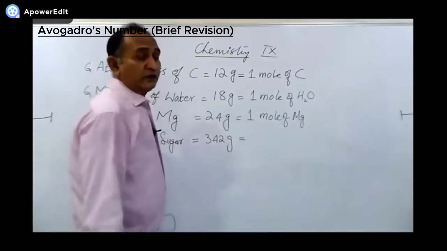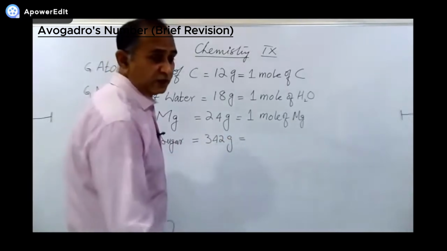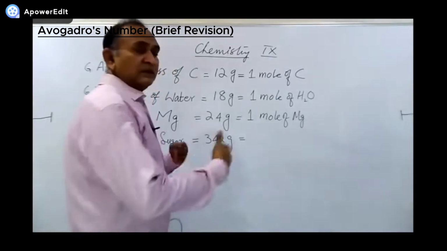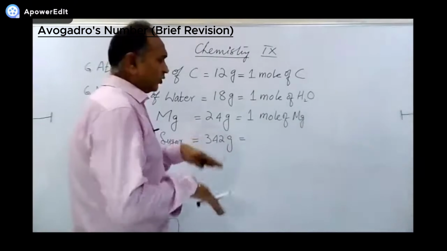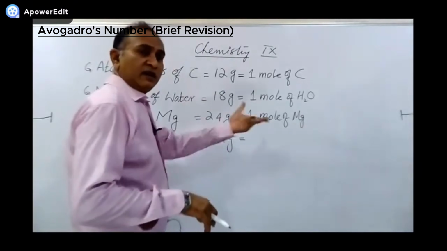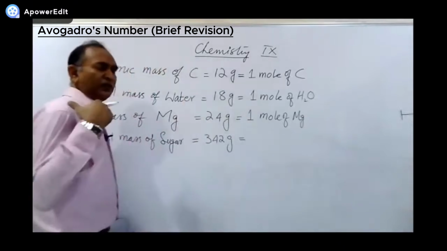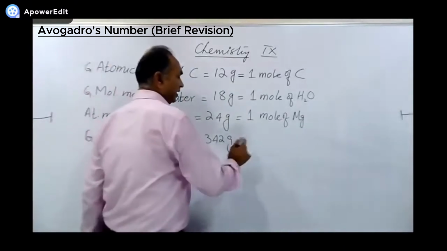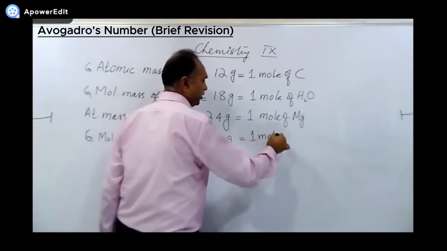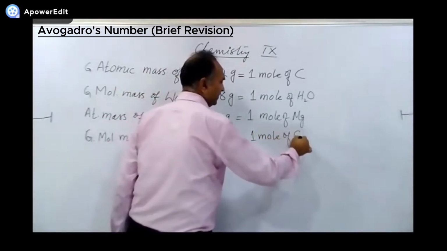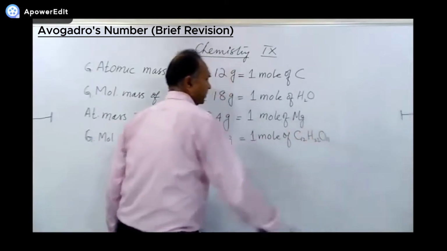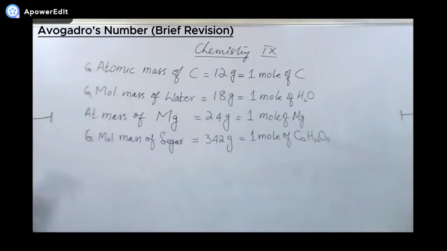Repeating that if you are attending the class for the first time, you won't be able to understand it. Science, chemistry grows vertically. Whatever you know today, tomorrow's topic will be based on yesterday's topic. So this is called 1 mole of sugar. Okay?